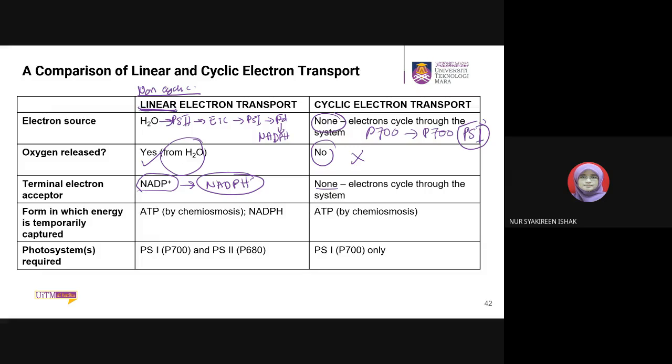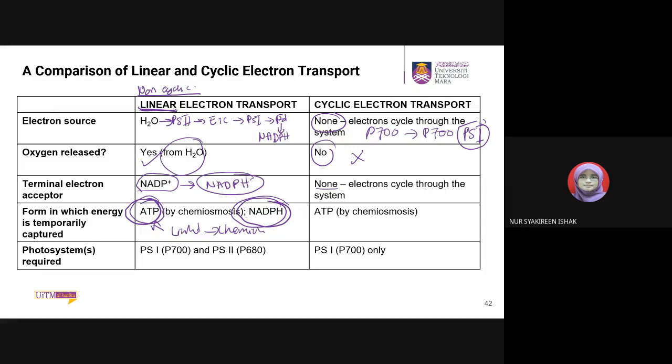Okay, so kalau linear form in which energy is temporarily captured. Okay, so energy daripada light will be used to synthesize ATP and also NADPH. So these are basically daripada light energy jadi chemical energy, stored in the form of chemical energy, which is the production of ATP and also NADPH.